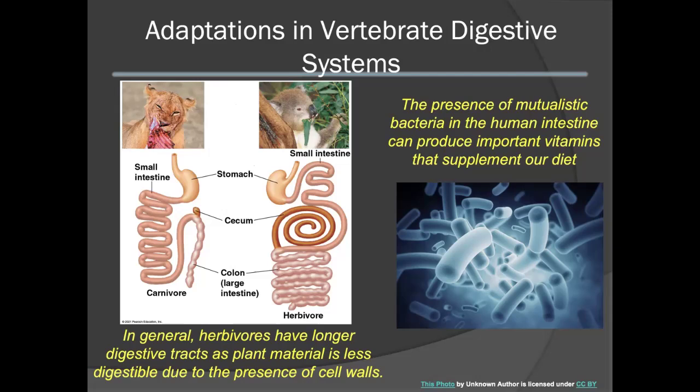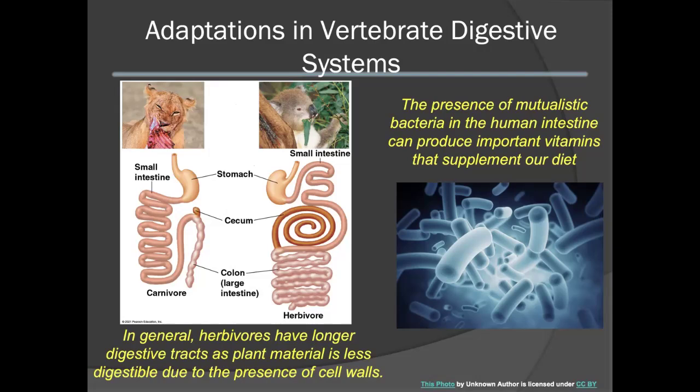There are also some generalizations with respect to the overall structure of the alimentary canal. For instance, herbivores typically have longer digestive tracts. This is because the plant material has plant cell walls, which make the material less digestible. As a result, by increasing the length of the digestive tube, you are also increasing the ability to extract nutrients from this undigestible or hard to digest material.